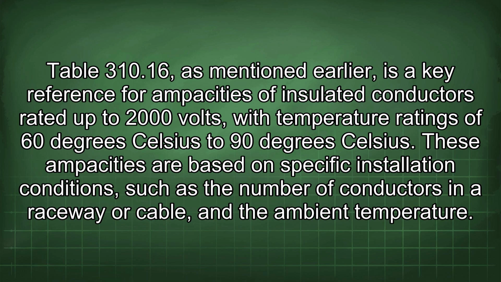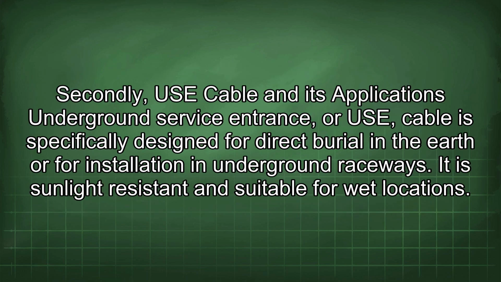These ampacities are based on specific installation conditions, such as the number of conductors in a raceway or cable and the ambient temperature. Secondly, USE cable and its applications. Underground service entrance or USE cable is specifically designed for direct burial in the earth or for installation in underground raceways. It is sunlight resistant and suitable for wet locations.